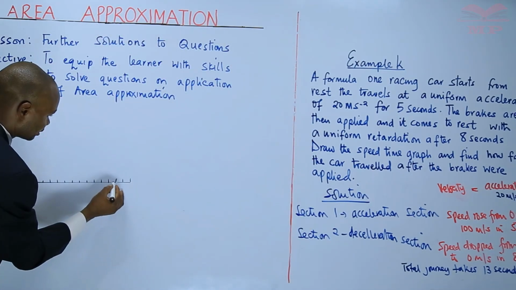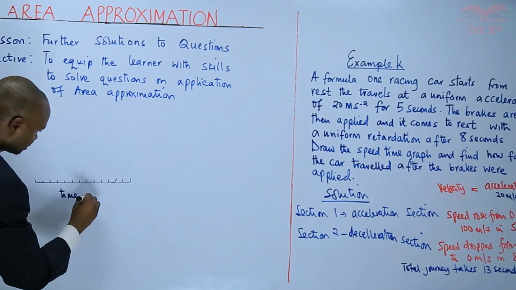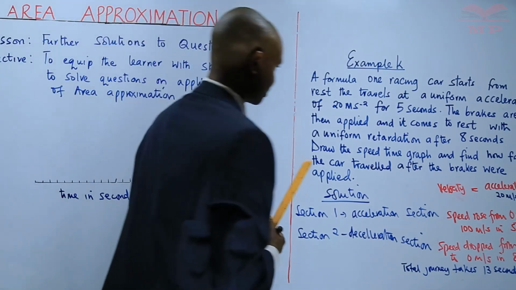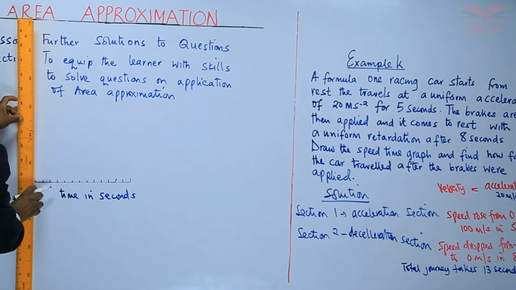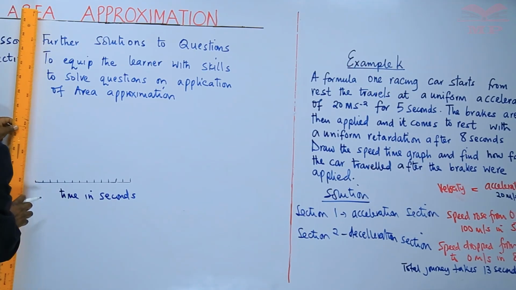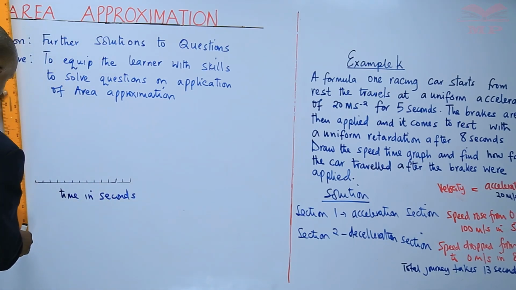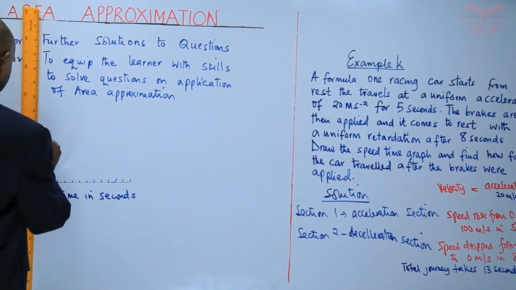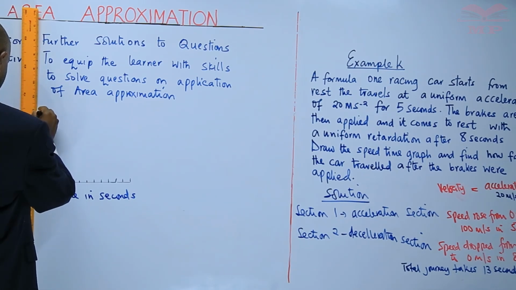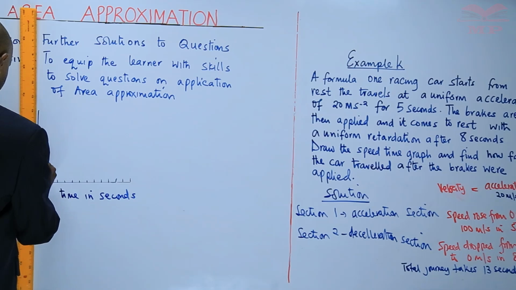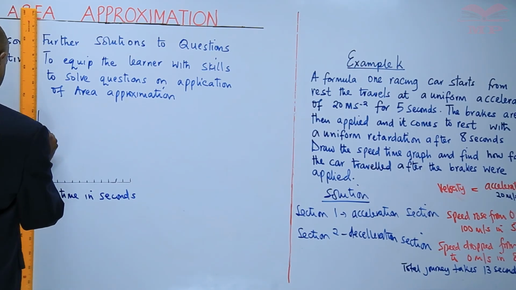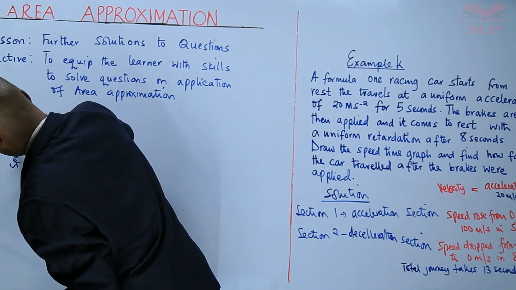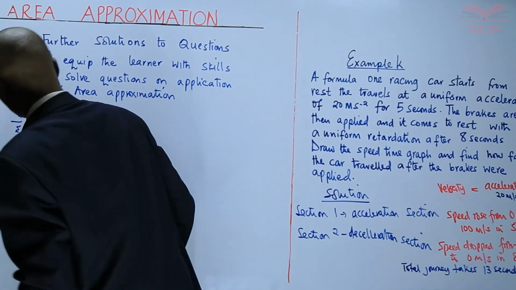A simple graph, time in seconds on one axis, then speed in meters per second on the other.